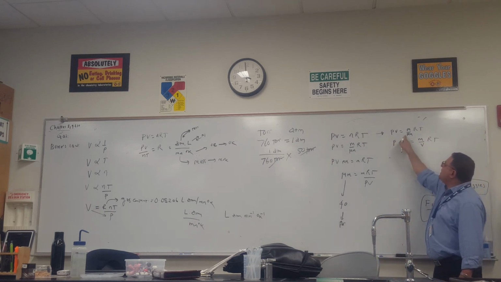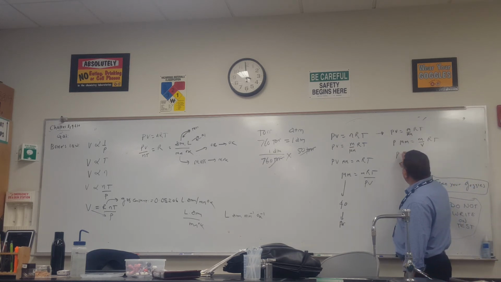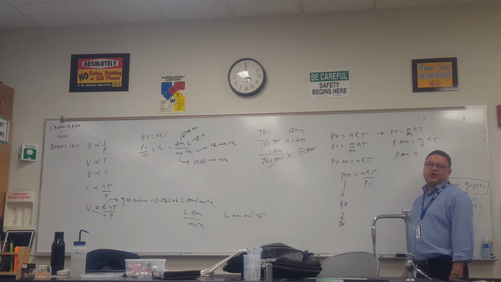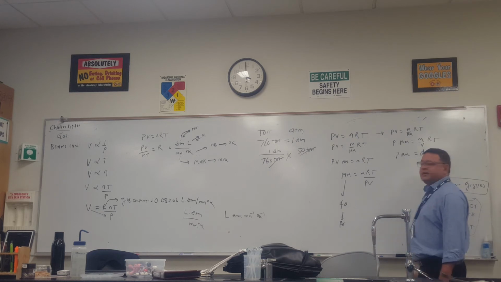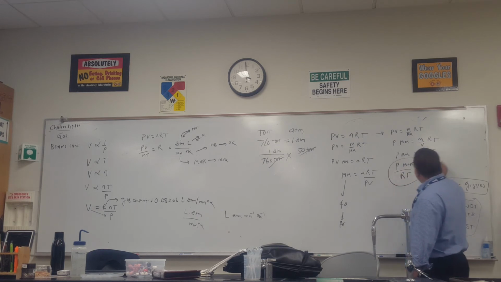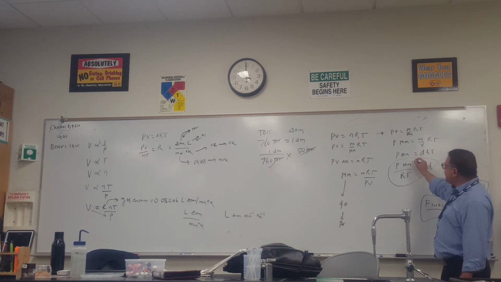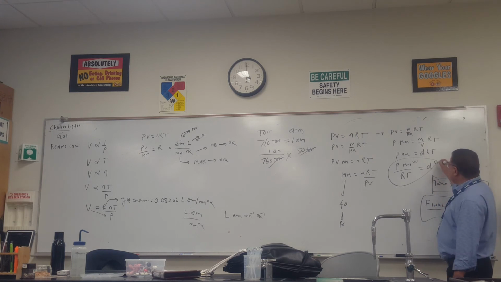I did the cross multiplications here, and then M and V go down. So you can write P M by V, where mass over volume is, what do you call that? Density. Good job. DRT. So that means PM over RT gives you D. You can find out the density of the gas. You can find out molar mass of the gas, having the identity of the gas, and you can find out the density also.